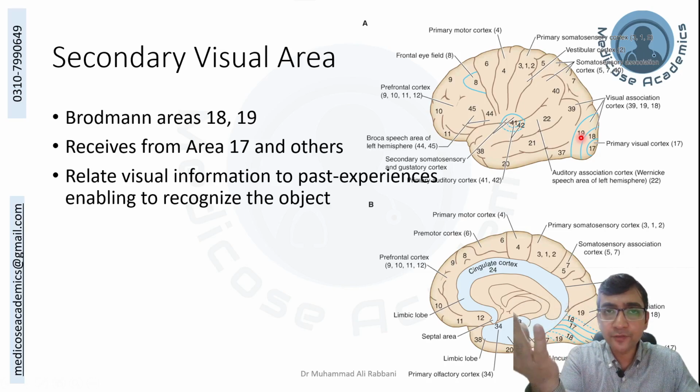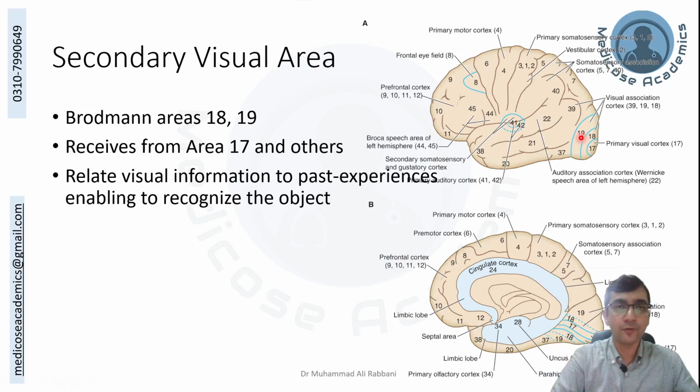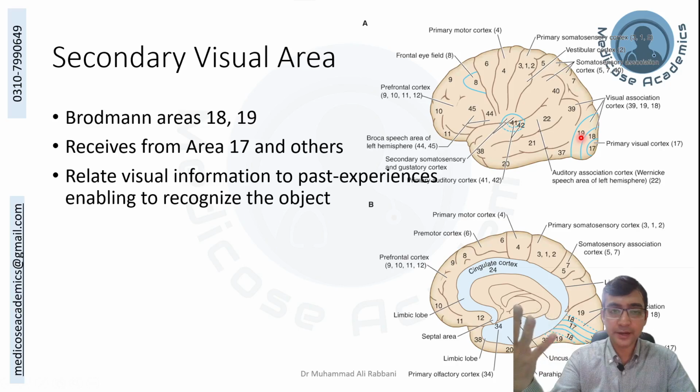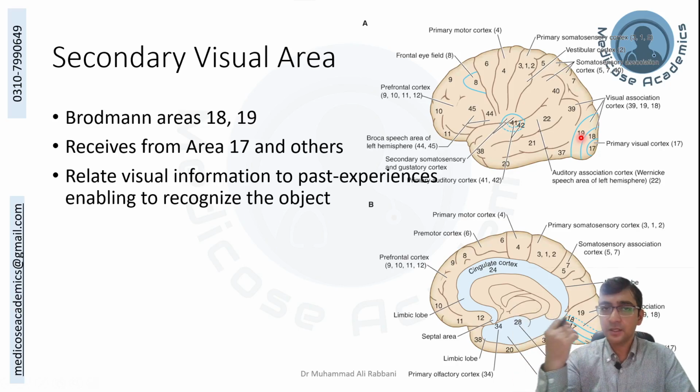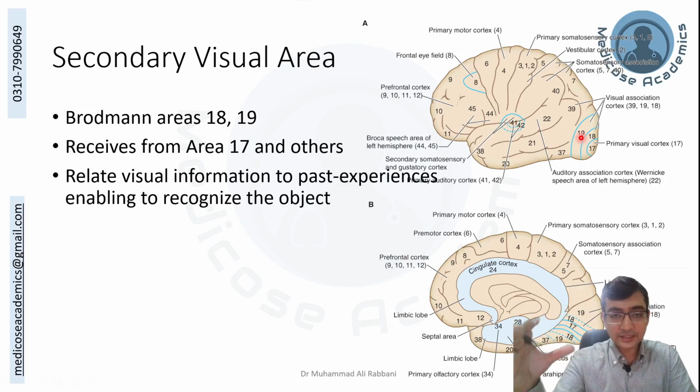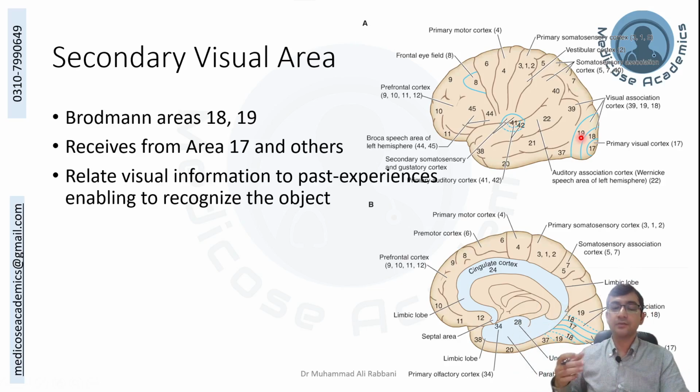I'm looking at my friend, I'm looking at a TV screen, this is a window, this is a fan. This is a text, this is my brother. So all of these recognitions, making sense of the vision that is occurring here, in the visual area.